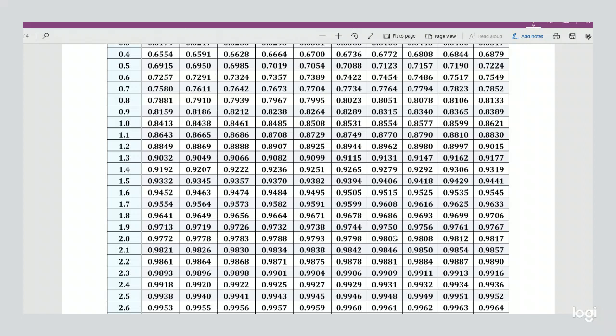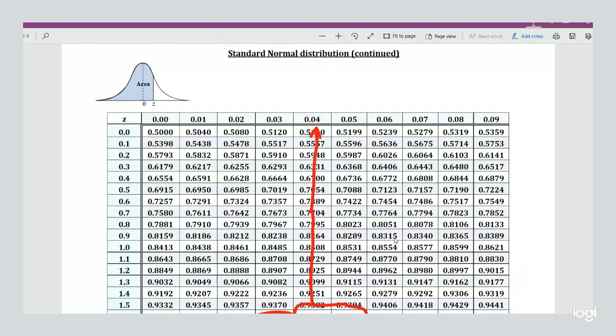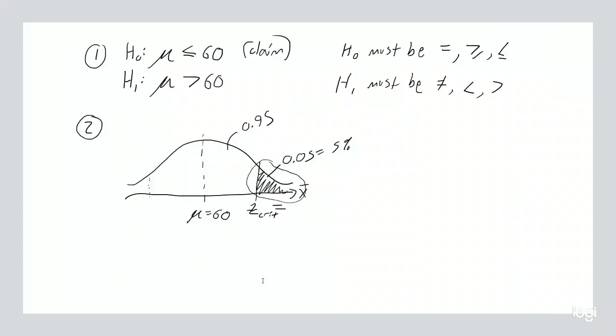And we have two values that are equally close, corresponding to 1.64 and 1.65. So we're going to take the midpoint between them, which is 1.645. That's going to be our critical Z value. And that's step 2.